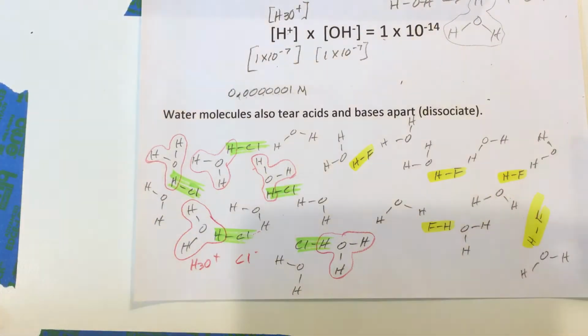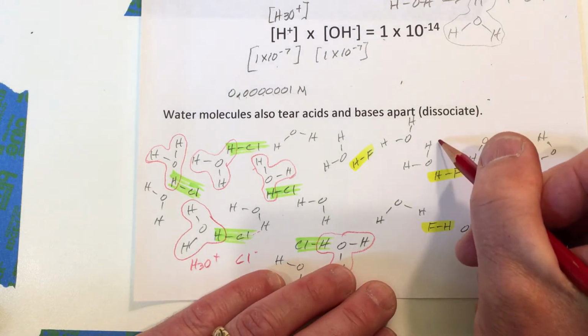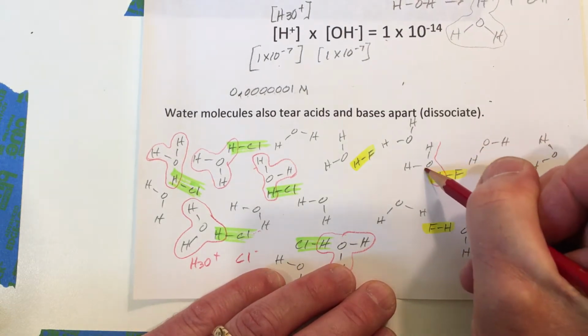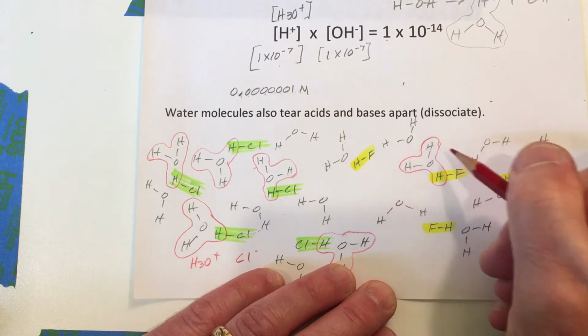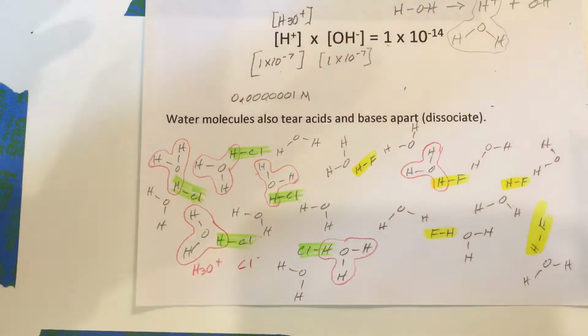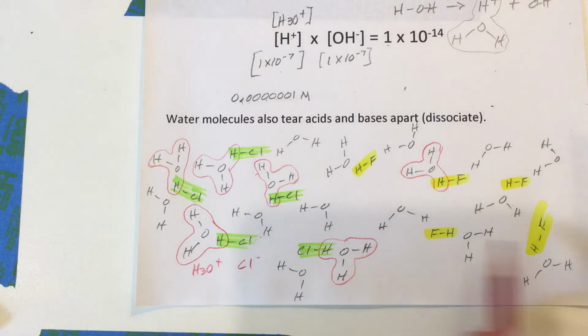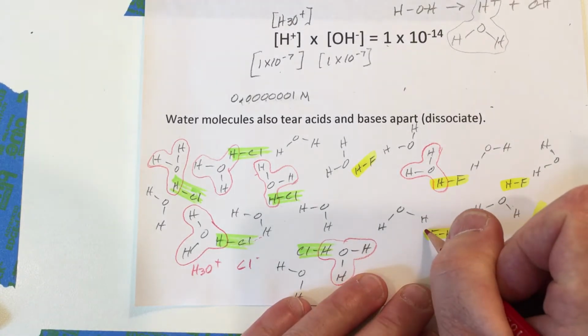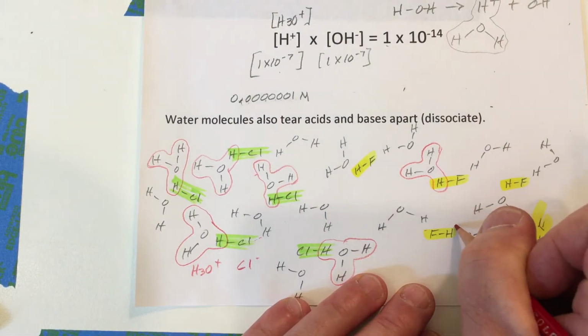Now over here, of these 5 hydrofluoric acid molecules, maybe only one of those gets torn apart or dissociated. So that one is going to get torn apart, but the others will stay the way they are as HF molecules. It's true that the water will be oriented around them because this is a slightly negative side and this is a slightly positive side.